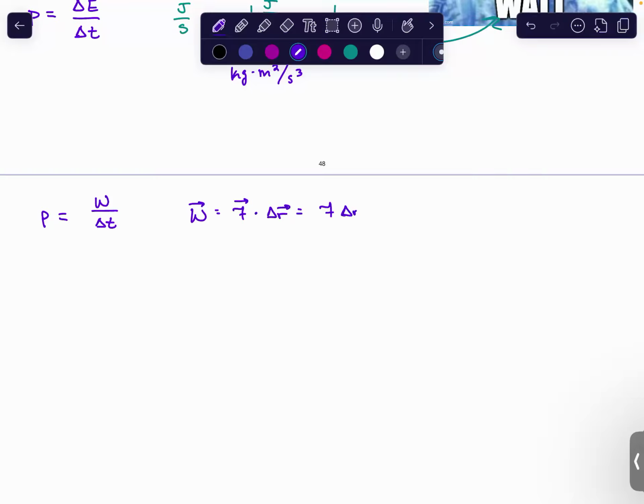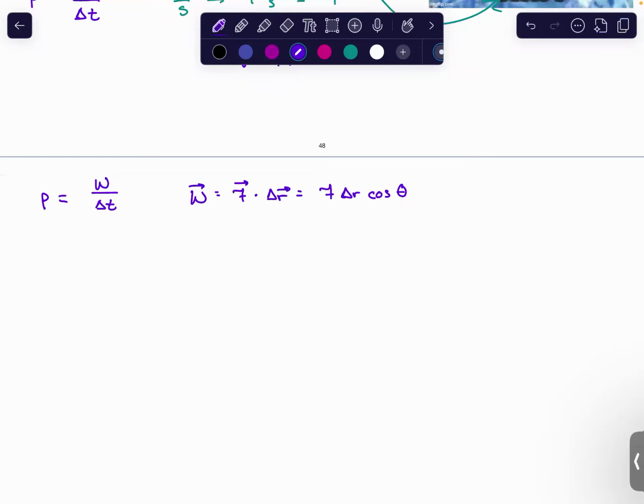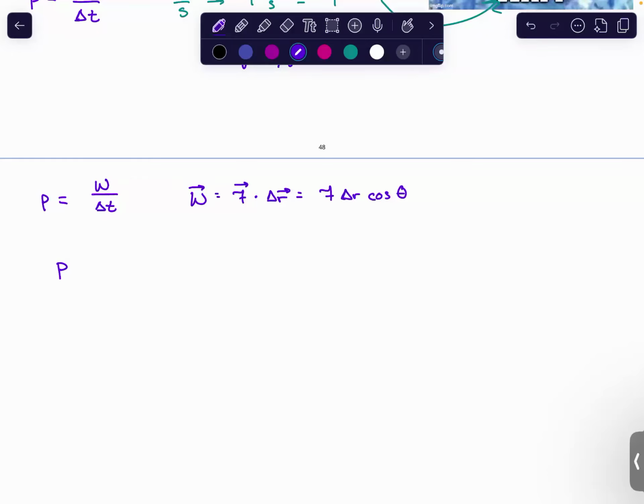Remember that we have work is F delta r cosine theta. The power.